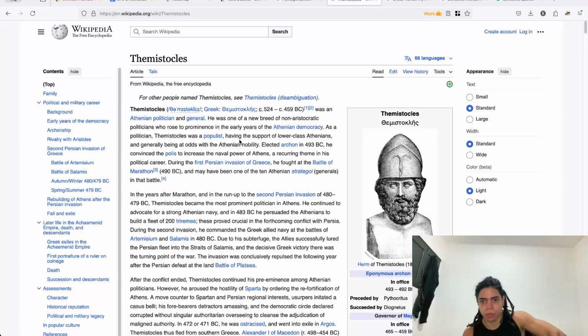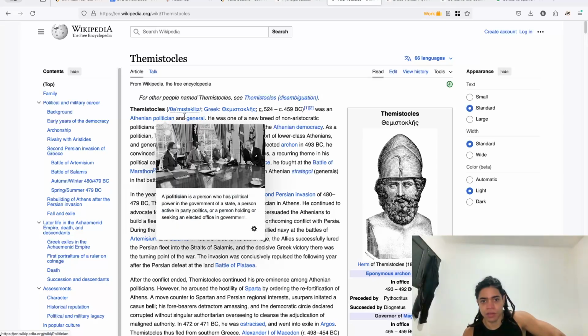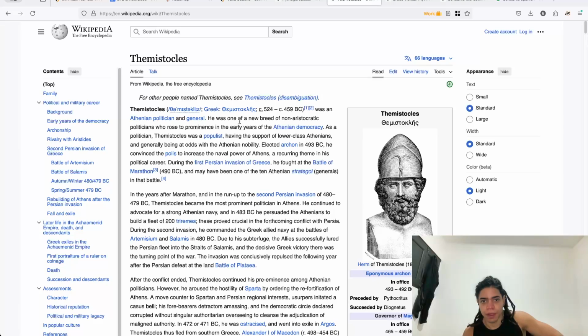Themistocles was an Athenian politician and general. He was one of the new breed of non-aristocratic politicians who rose to prominence in the early years of the Athenian democracy. As a politician, Themistocles was a populist, having the support of lower class Athenians and generally being at odds with the Athenian nobility.